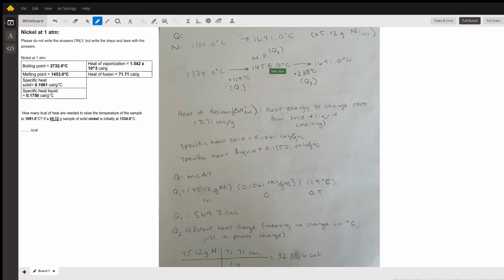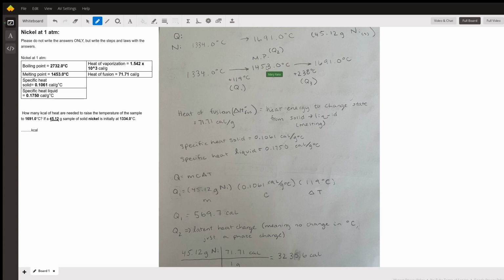Then we're going to use our Q2 to represent our second part of this question, which is a phase change. Because this is our melting point, here we're going to use our heat of fusion, which is the heat energy it takes to change the state from solid to liquid, also known as melting. So there's not going to be a degree shift change here.